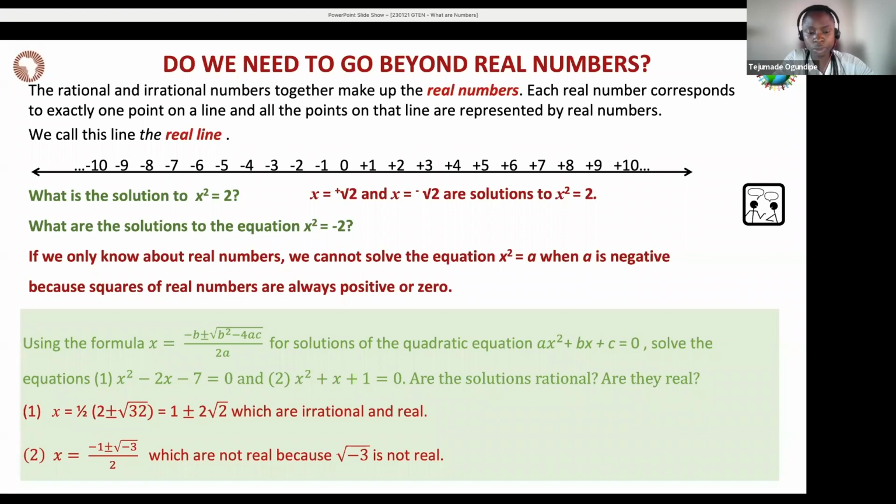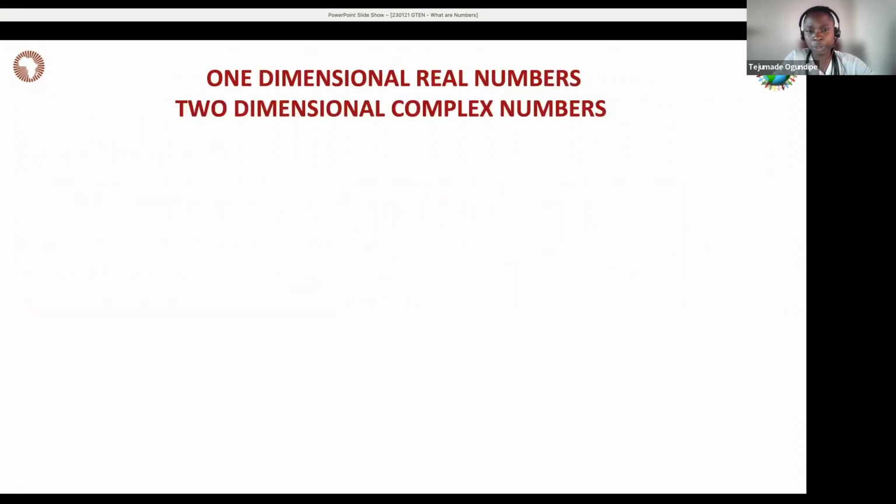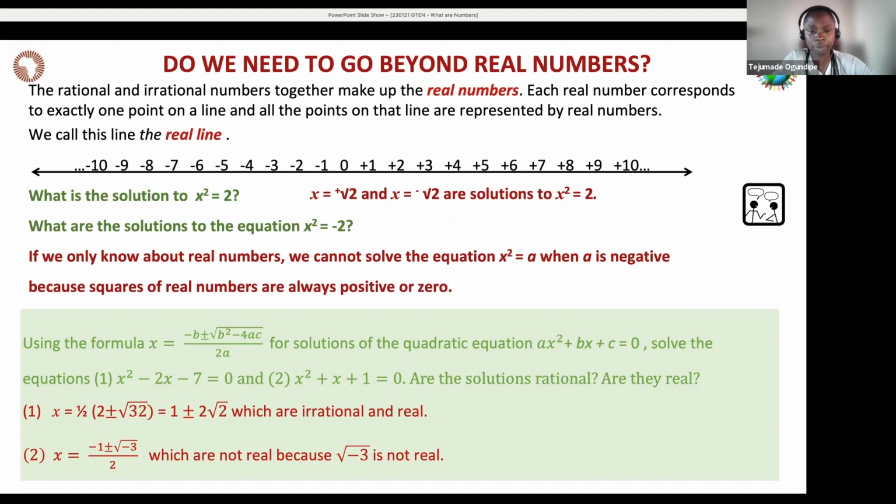And for question 2, our x equals minus 1 plus or minus root minus 3, divided by 2, which are not real because root minus 3 is not real. So we have seen the possible answers that we are likely to have.